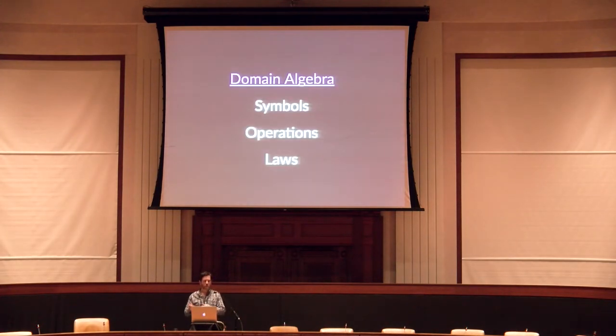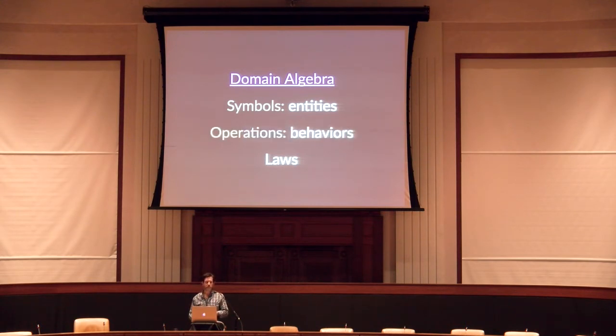If I'm going to map to this algebraic schema, the symbols, I think I know what those are. Those are the entities that are my users and my carts and my accounts and my delivery and all those things. What about the operations? These are just the behaviors in my domain. You can check out your shopping cart. You can deliver an item from one warehouse to another.